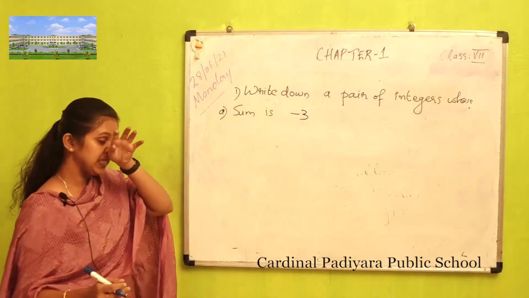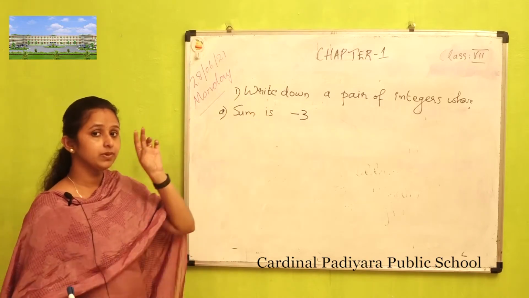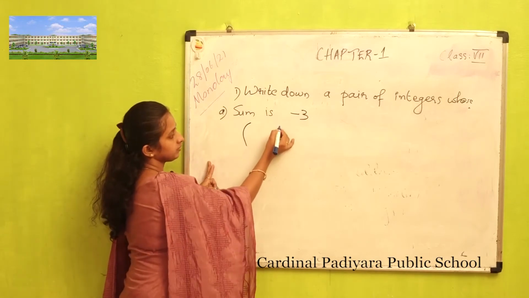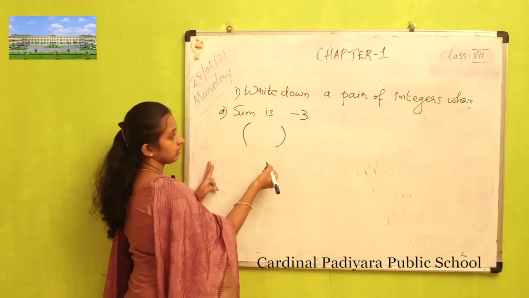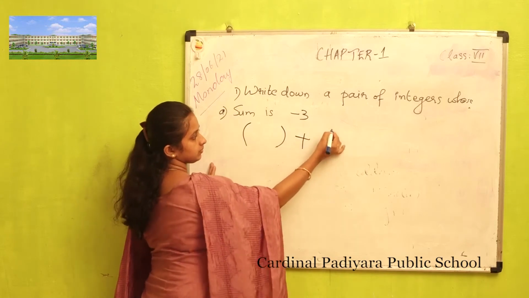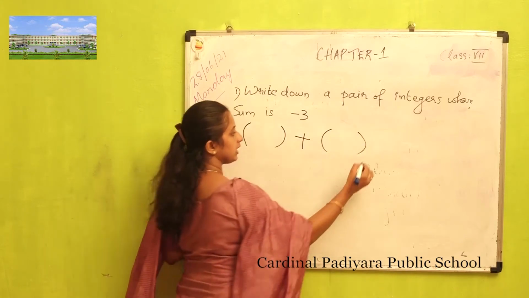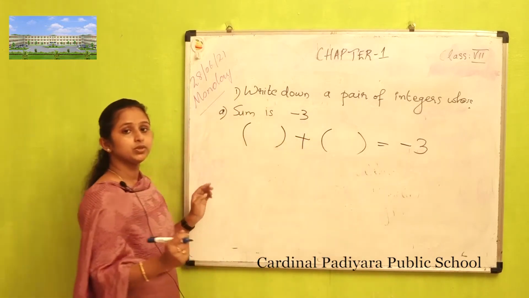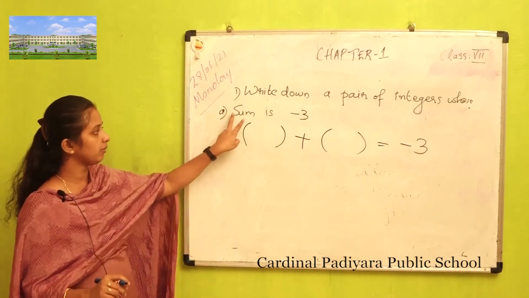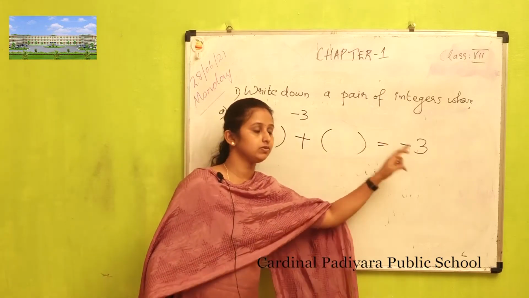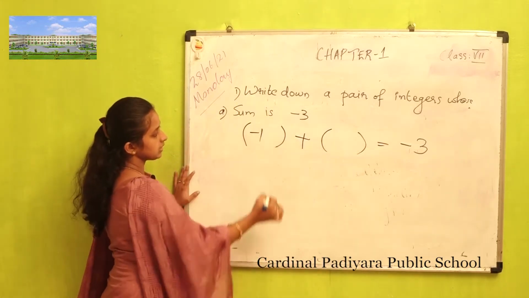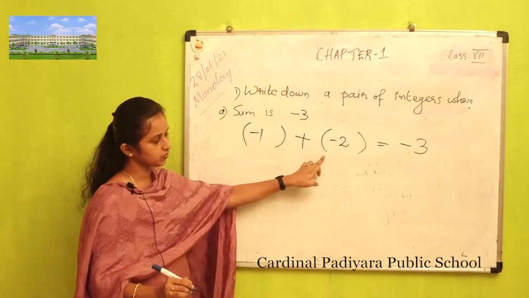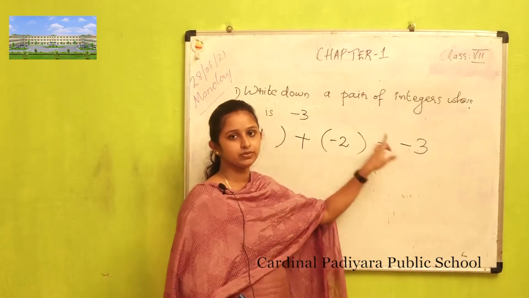Pair of integers means we have to find 2 integers whose sum, that is, I am taking any number, sum means plus, again one number, then I have to get the answer negative 3. So I should take 2 numbers. When I am adding, I should get the answer negative 3. So we can take negative 1, negative 2. When we are adding negative 1 and negative 2, we are getting the answer negative 3.